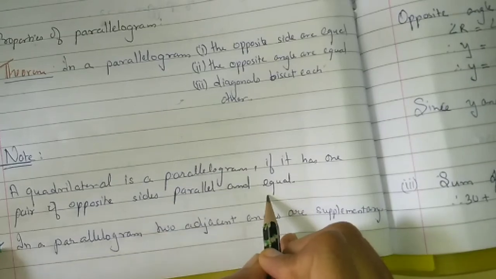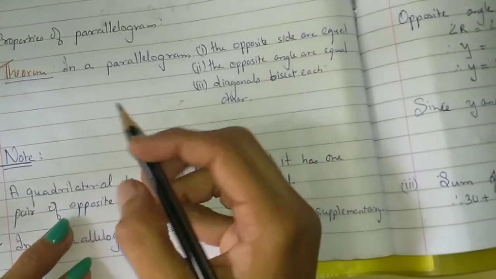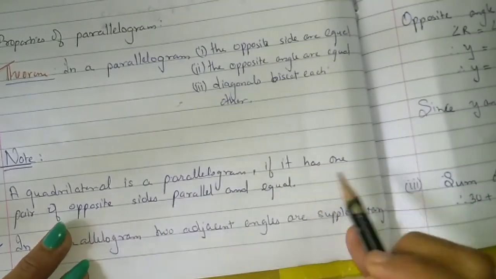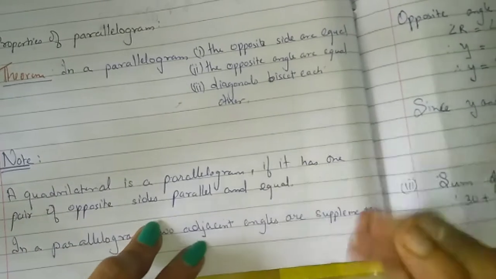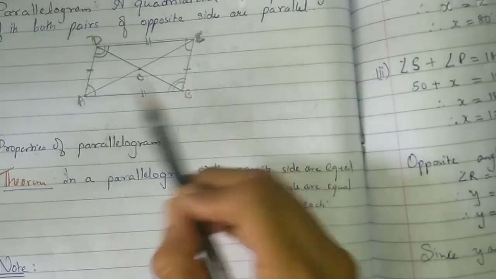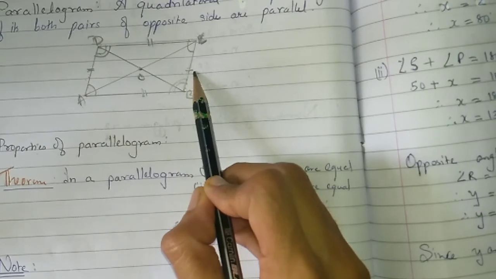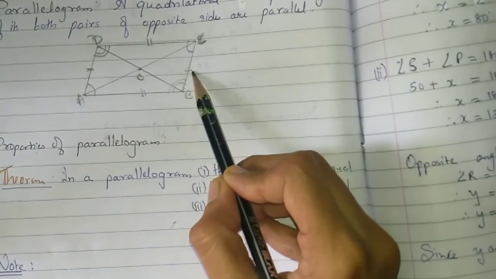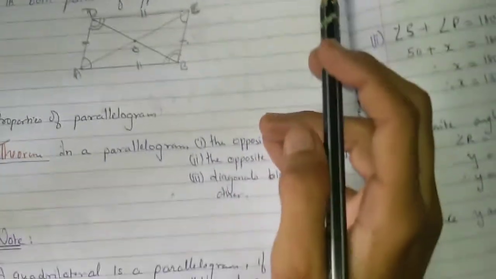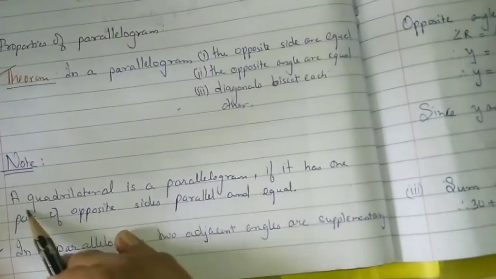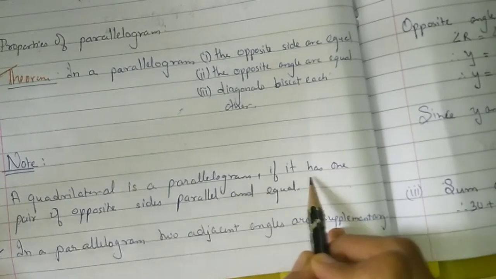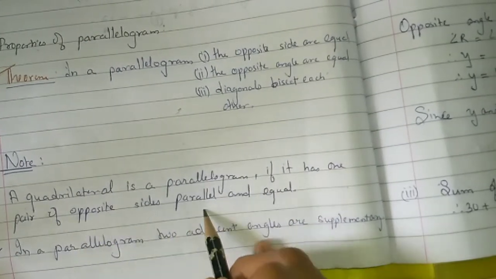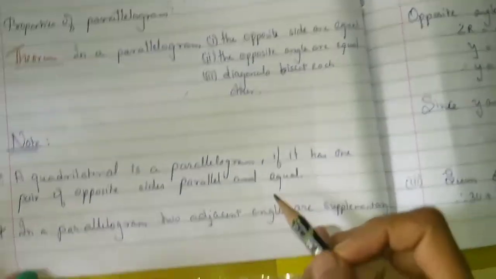When we can say that this figure is a parallelogram, it is if only one pair of opposite sides is parallel and equal.